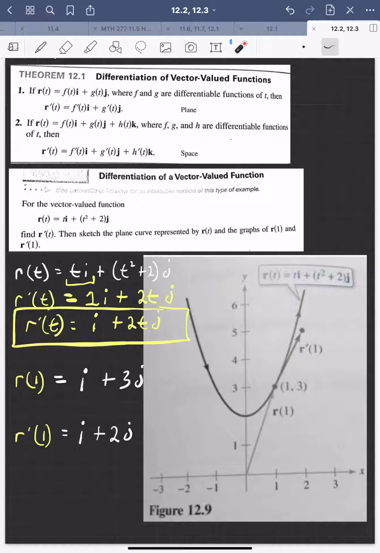So let's start with r of t. So here is the curve. It's just a parabola. You can see the orientation. We know how to trace it. So that is your curve, r of t. Now r of 1 is equal to i plus 3j, and you can see the vector coming from the origin pointing to i plus 3j.